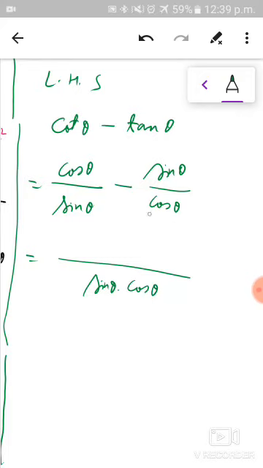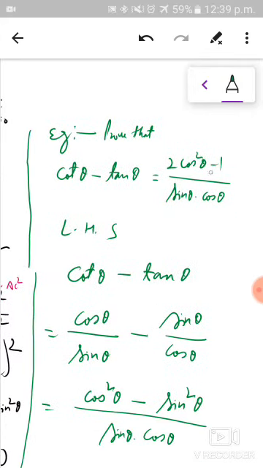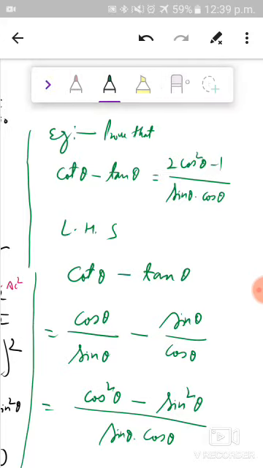So it will be cos into cos, that is cos square theta, minus sin into sin, that is sin square theta. Now see what we need to prove: 2 cos square theta minus 1 by sin theta cos theta. On the right hand side in the numerator it is 2 cos square theta, and here we have cos square theta and sin square theta.